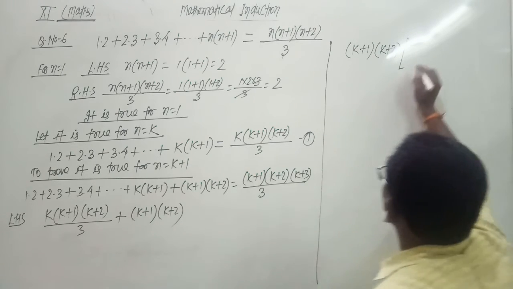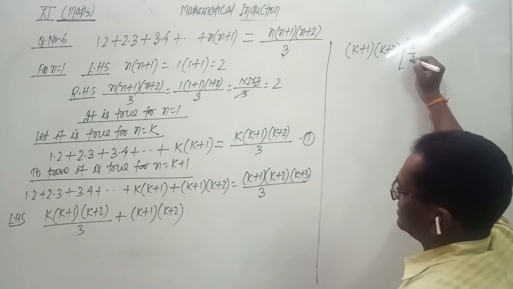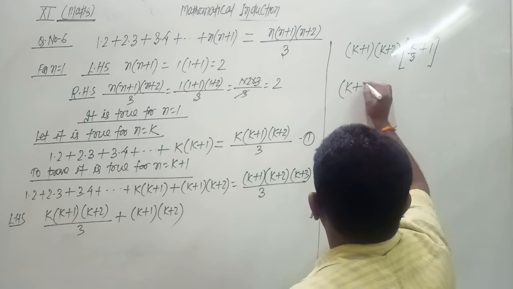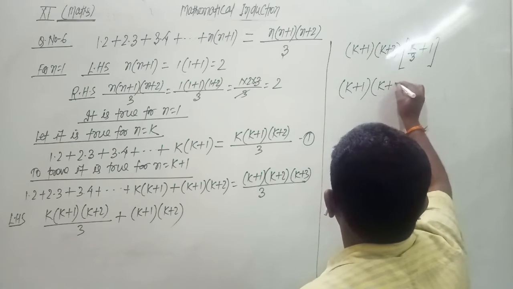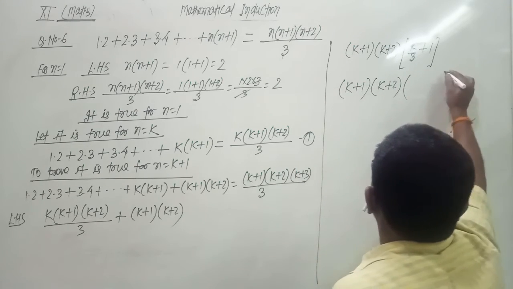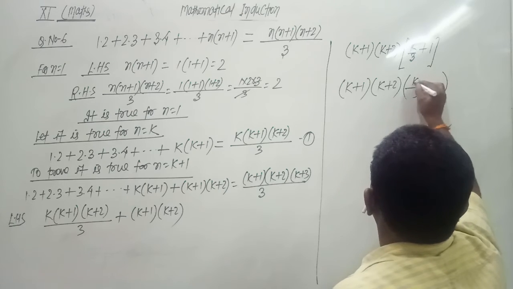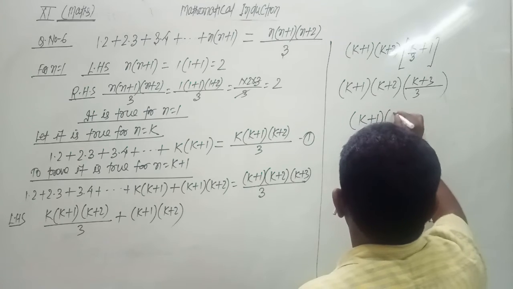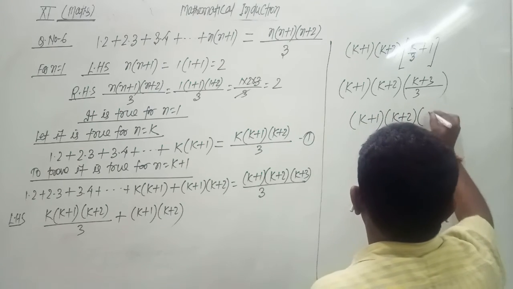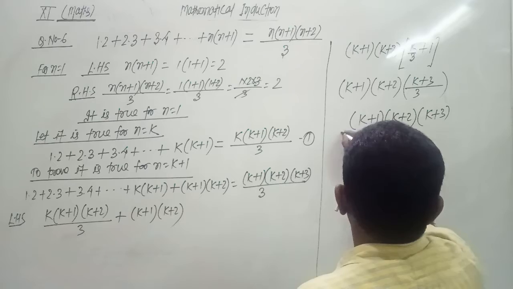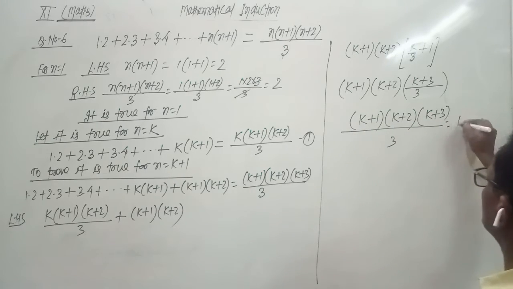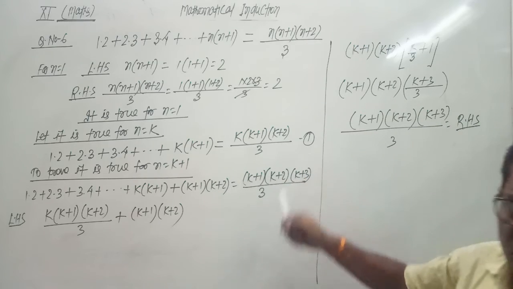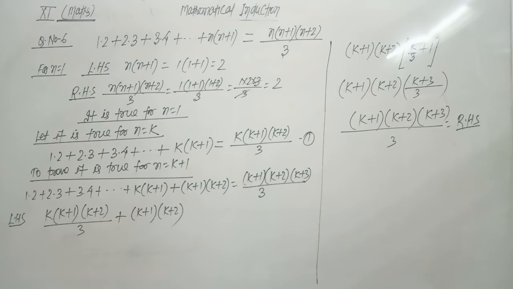So it remains from the first term, k by 3 and plus 1. So k plus 1 into k plus 2, and by taking LCM 3, we get k plus 3. So the result comes to be k plus 1, k plus 2, k plus 3 upon 3, and that is RHS, which we have to prove.